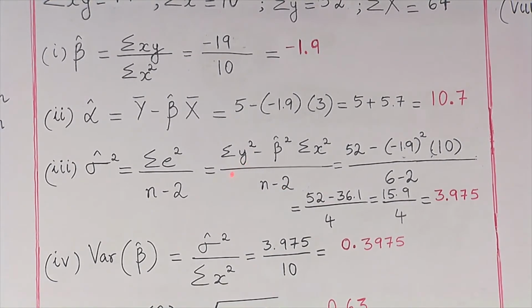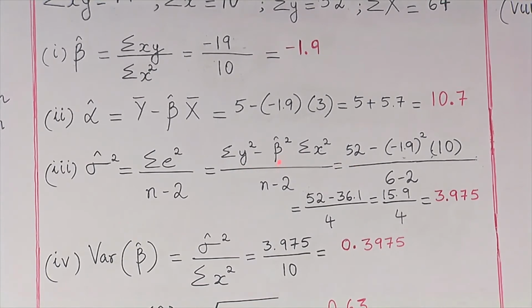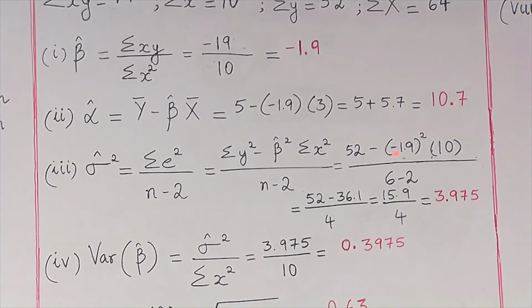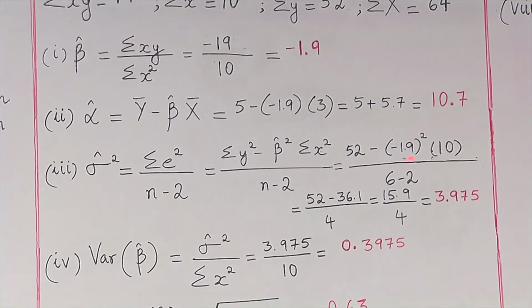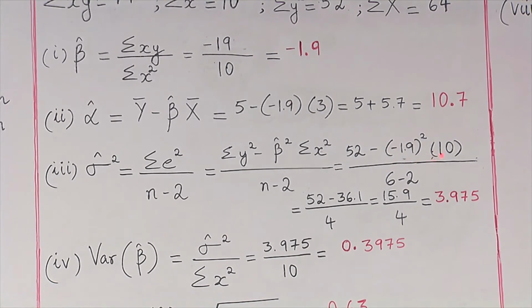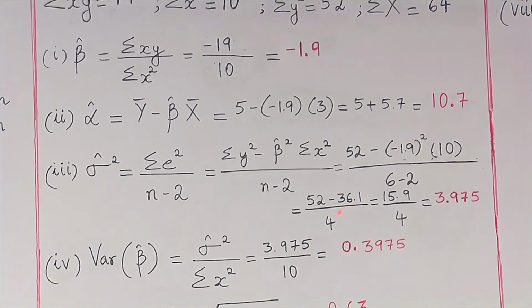In this case, we have sigma small y square value 52, beta hat 1.9, so square, and sigma small x square is 10.